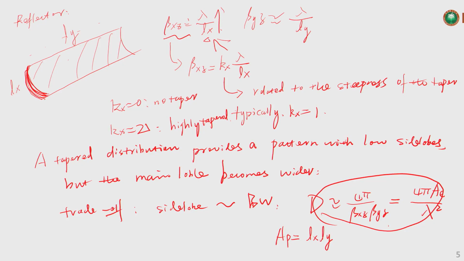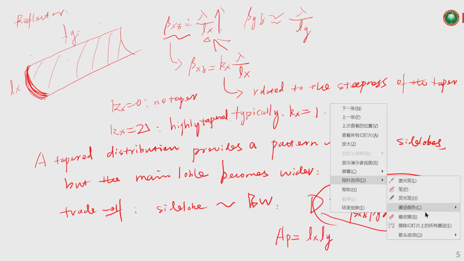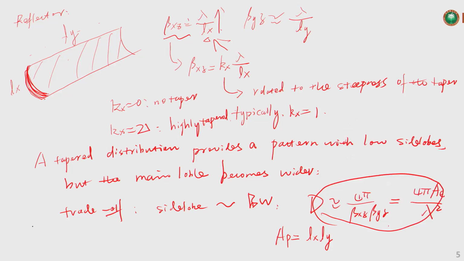So that means, as the first order approximation, the effective area of the aperture can be roughly equal to the physical aperture.